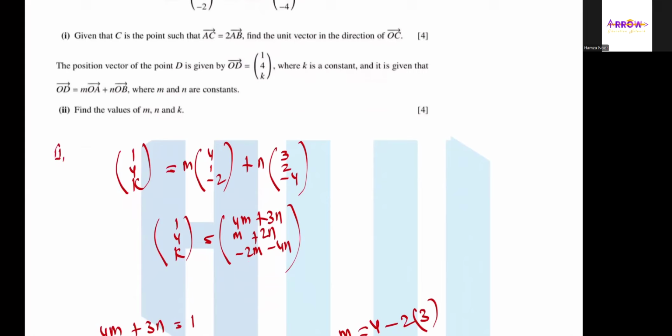So basically we have an equation. The vector OD is exactly equal to M times OA plus N times OB. So we have to treat it like an equation, where this vector and this vector are equal to each other. Here is the very basic concept behind this. The I component is 1 and the I component on the other side is 4m plus 3n.